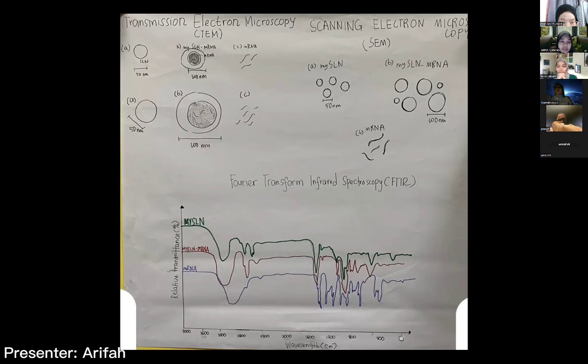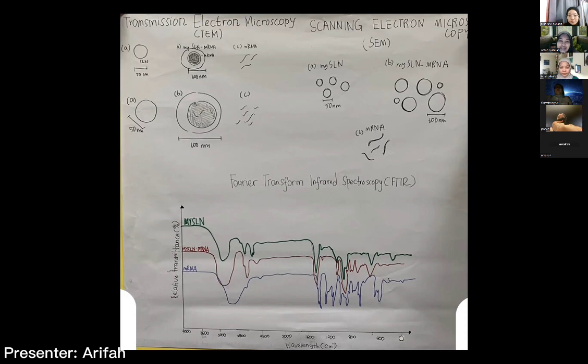Then if we put in the mRNA, it has two colors. The mRNA will become darker compared to my SLN because more electrons pass through. And lastly for mRNA, it's only like that.